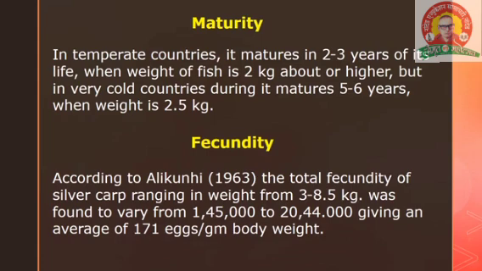According to the scientist Alikunhi, 1963, he observed the fecundity of silver carp in the weight range of 3.8 to 8.5 kg. What he found was 1,45,000 to 20 lakhs 44,000 eggs and an average of 171 eggs per gram body weight. This is the fecundity of silver carp by the scientist in the year 1963.